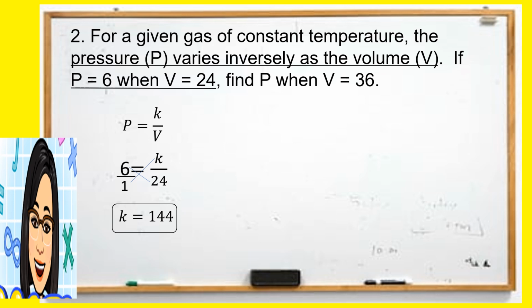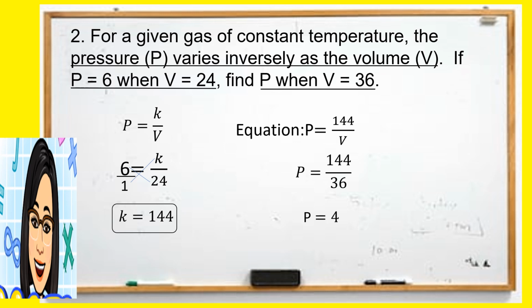Then using the constant of variation, we can write our equation as P is equal to 144 over V. Now we can find P when V equals 36. Substituting V equals 36, we get P equals 144 over 36, or 144 divided by 36 is 4. So P is equal to 4.